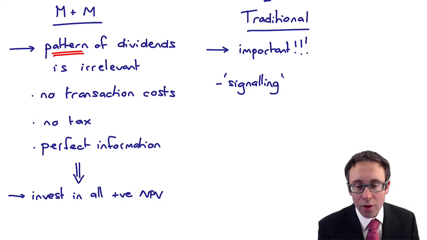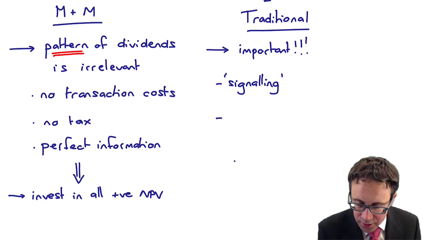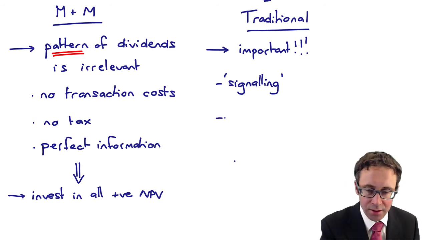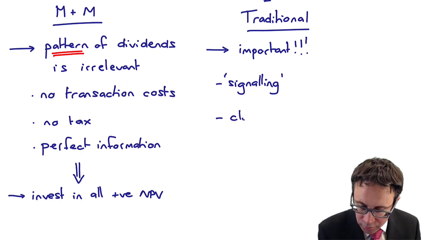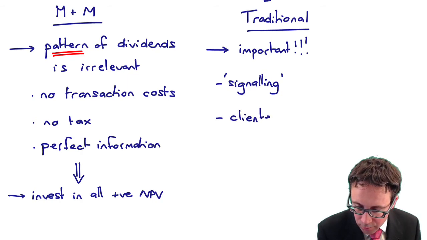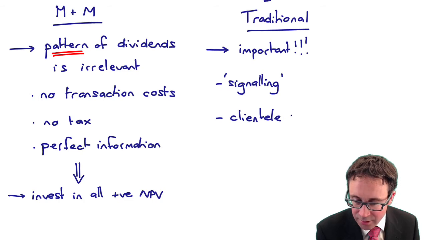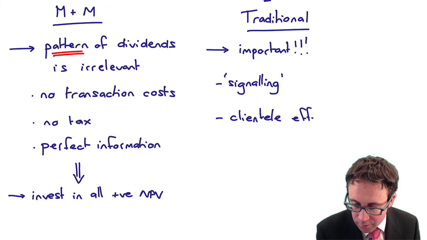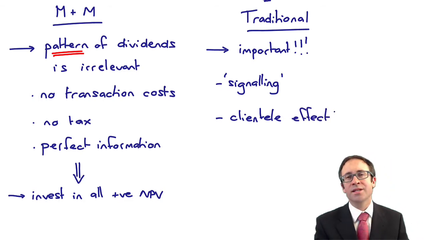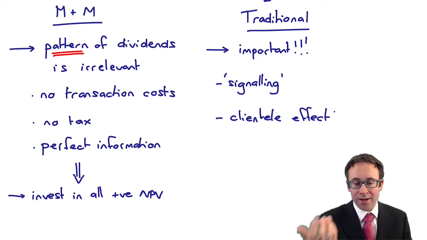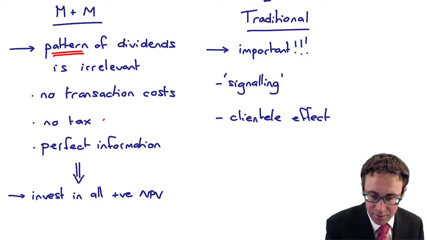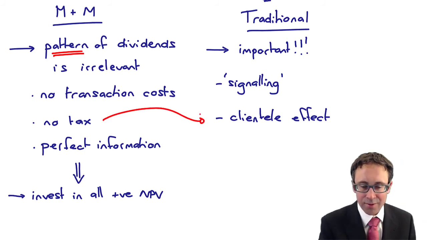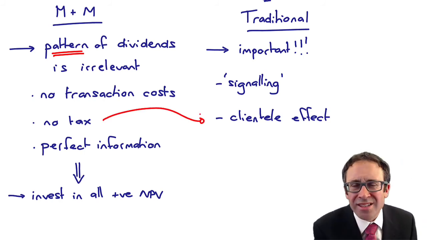Okay. The other area as to why the traditional theory says that the dividends that are paid is important is also there because of what's referred to as the clientele effect. And all the clientele effect says is, bringing it back to the fact that by saying there's no tax, there is tax.